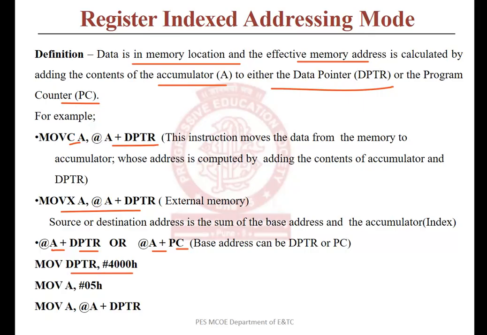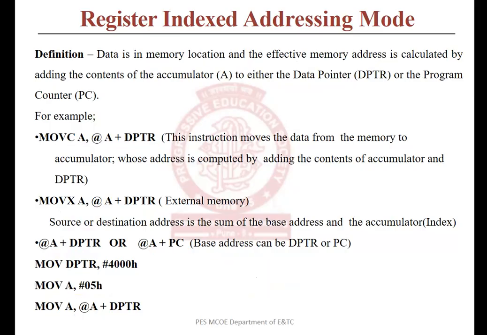This instruction will move the 4000h value to the DPTR. Now A has the data 05h. Now what will be the address? Obviously it is 4005h. So whenever A plus DPTR is executed, this will be calculated as 4005. Now this is the memory location, and the value present at this memory location will get moved to the accumulator. So this is register indexed addressing mode.